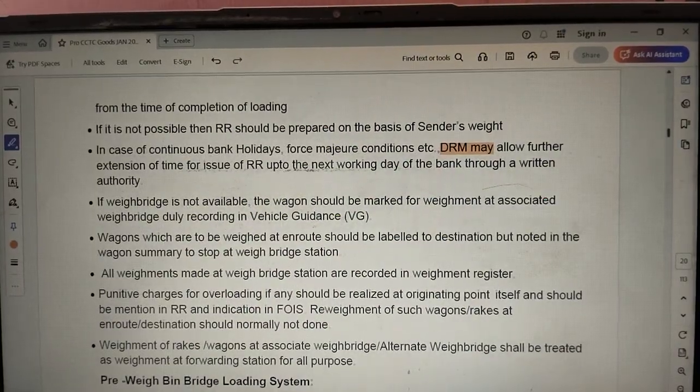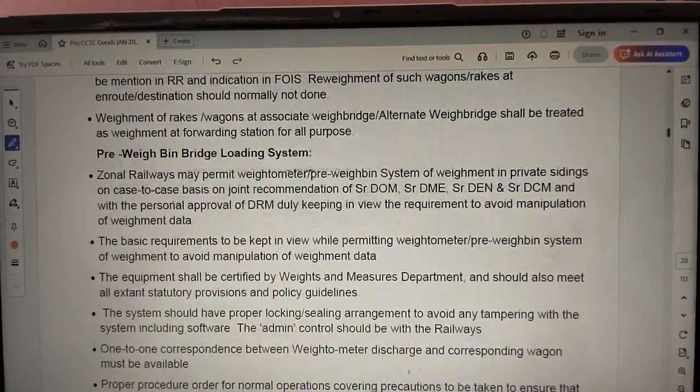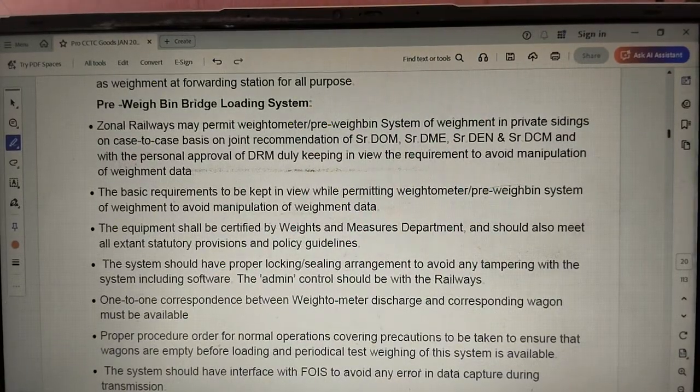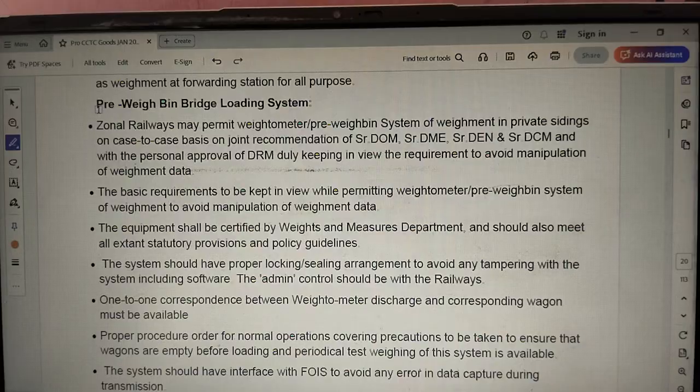Now next, this is not so much important. We'll go on. This is the pre-weighbridge loading system.